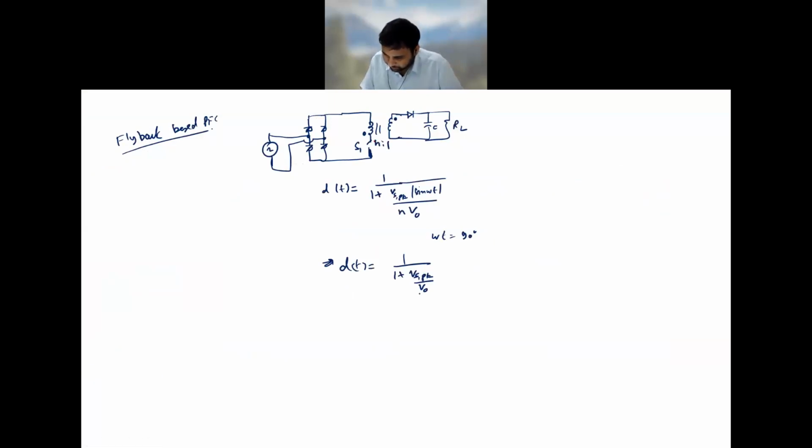So that is the N, and here also N will come. So you have all the data. If they have provided the V naught value in the question, the input voltage, and N, you can easily calculate your duty ratio values following this equation.